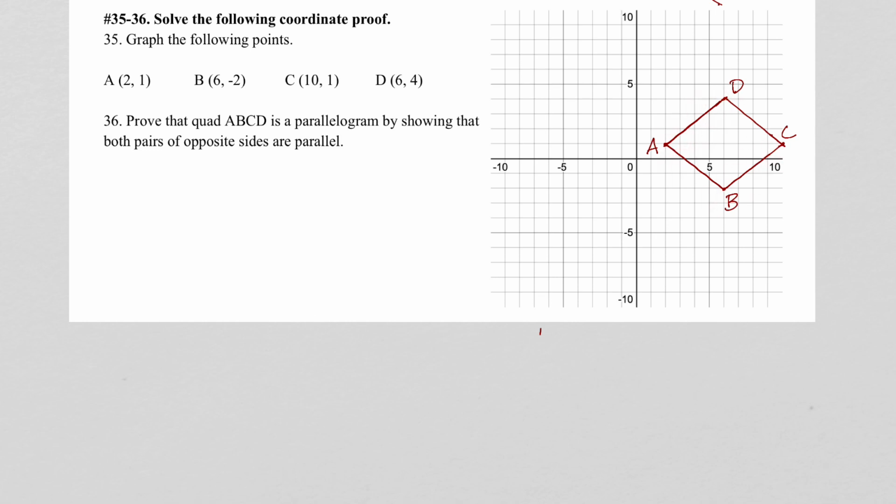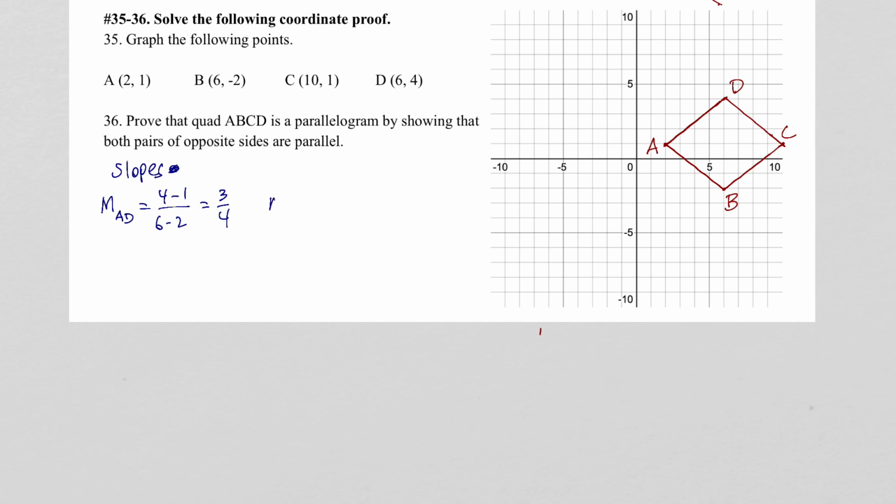So I'm going to do the slope. Let's do the slope of AD. Here's A and here's D. So it's y2 minus y1, 4 minus 1 over 6 minus 2, which is 3 over 4.